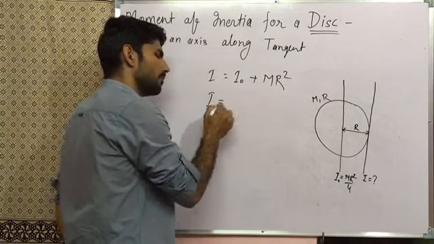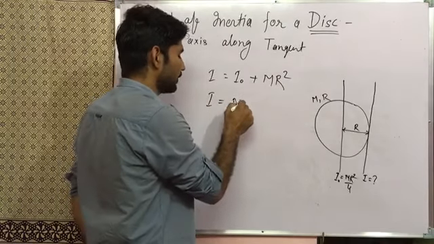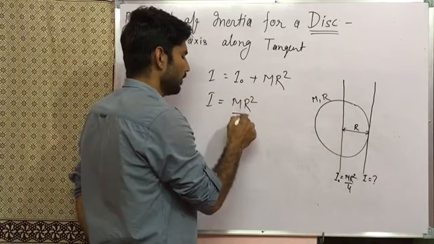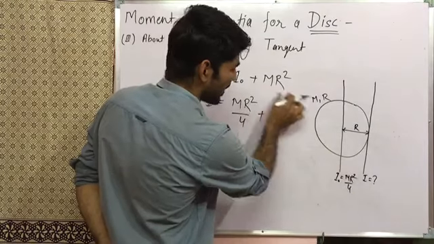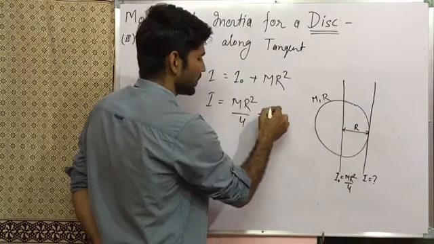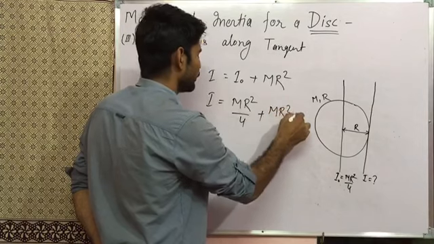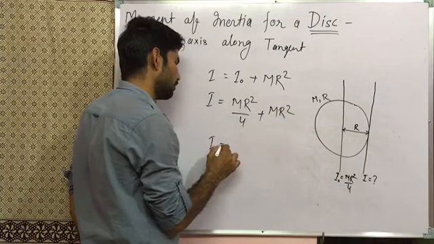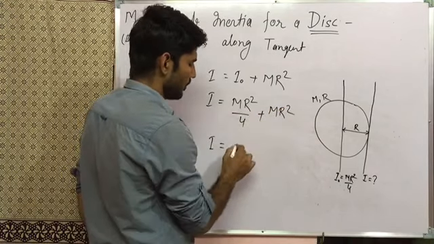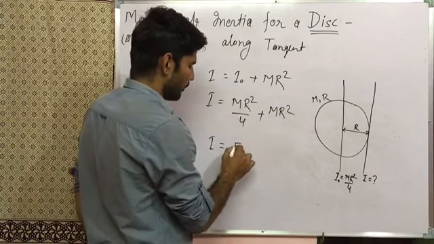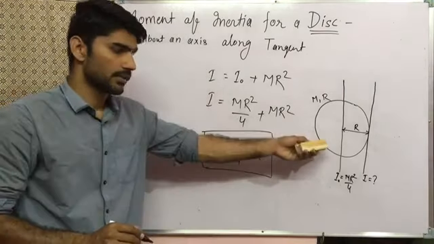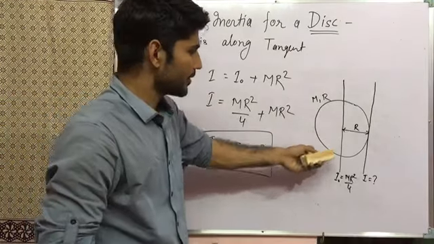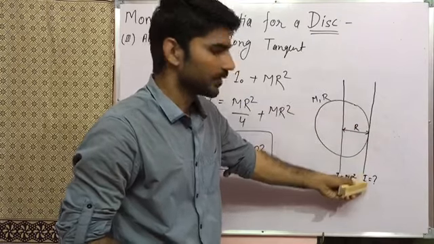So I will be I naught, the value of I naught is MR square by 4, plus the mass and square of distance, which is MR square. When we add, we get the value of I as 5 by 4 MR square. This is the moment of inertia for this disk along an axis along the tangent.